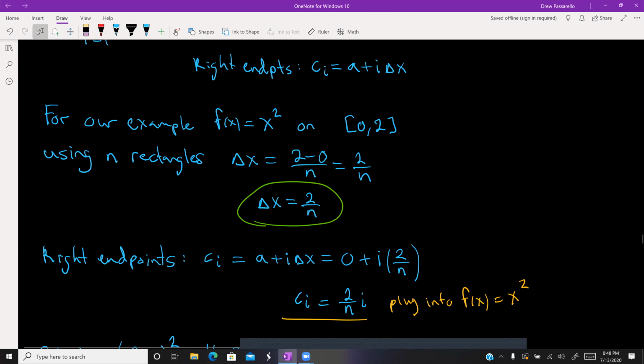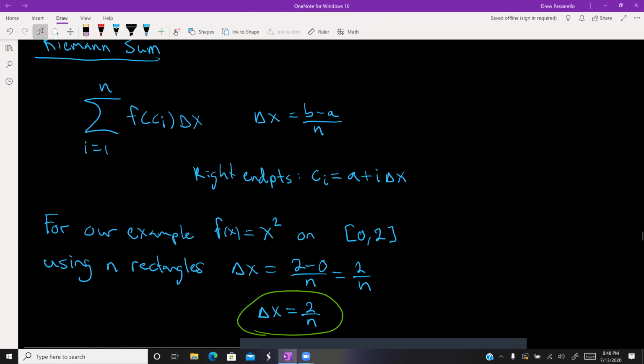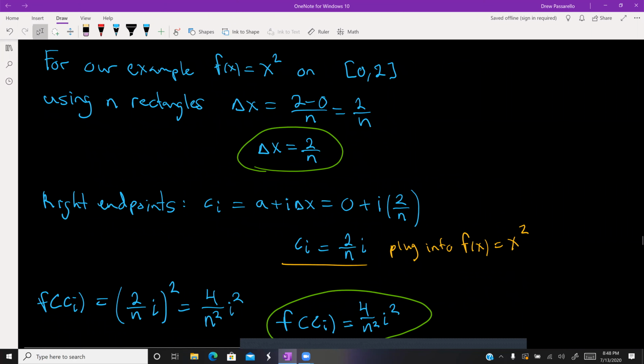All right, so plugging it in, a is 0 and b is 2. So it would be 0 plus i times delta x, i times 2 over n. And so our ci values is just 2 over n times i. Then I want the heights of the rectangles, so I plug those into x squared.